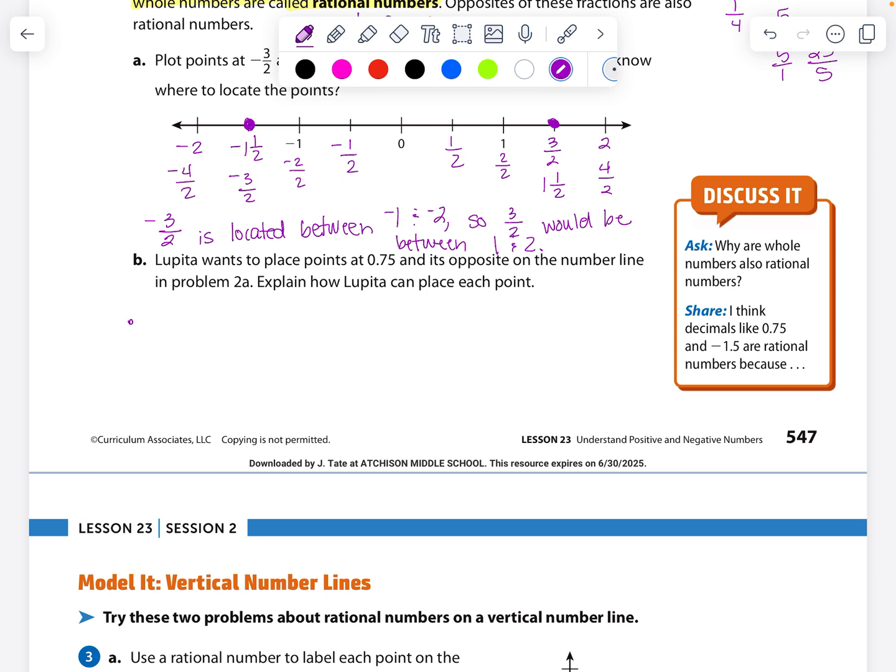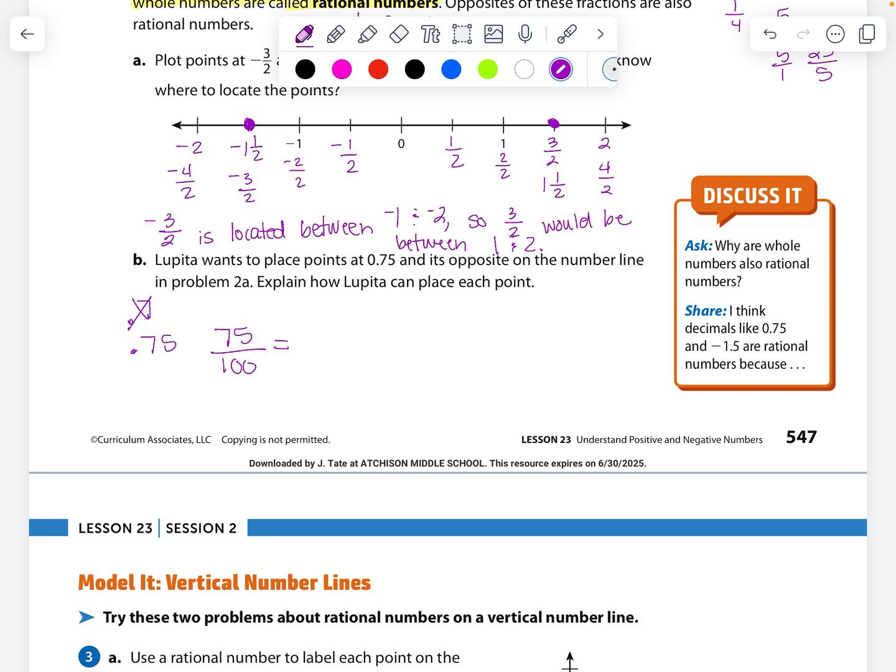So you have to think of 0.75. 0.75 can also be represented as a fraction. That is 75 hundredths, right? And I can simplify that to be 3/4, which would be its simplest form.